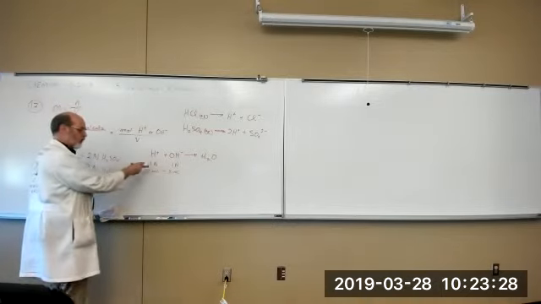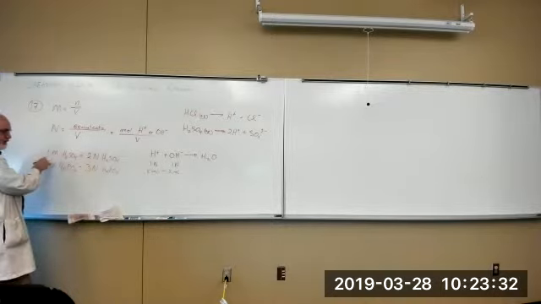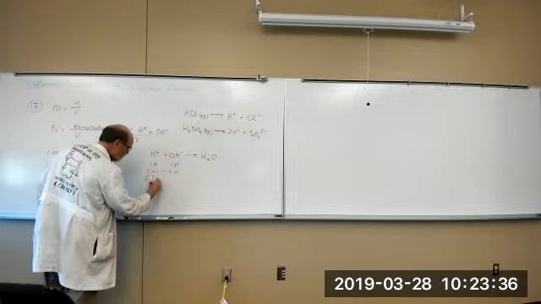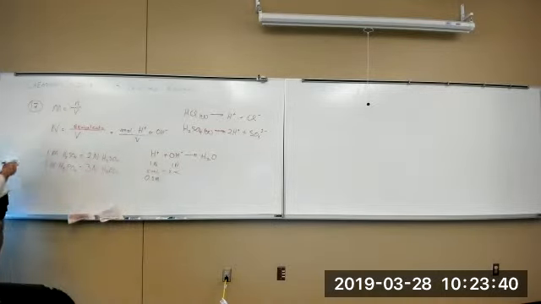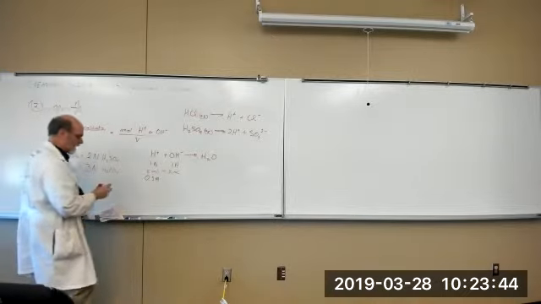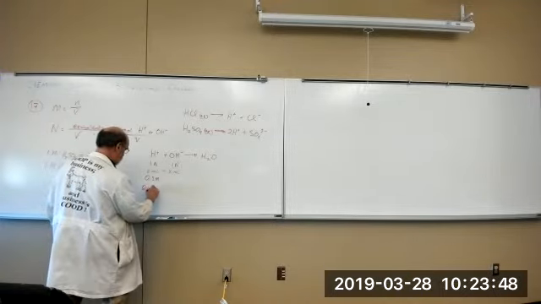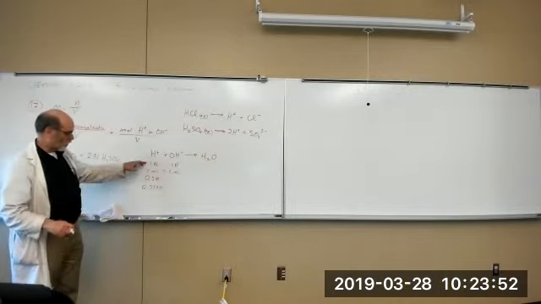So how do you get 1 normal sulfuric acid? Well, molarity for sulfuric acid would be half that, because it produces 2 hydrogen ions for each one. And if we were using phosphoric acid, it would be a third of that. Phosphoric acid would give you 1 normal.